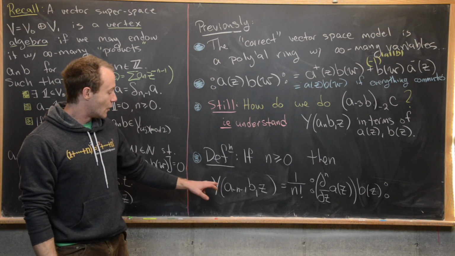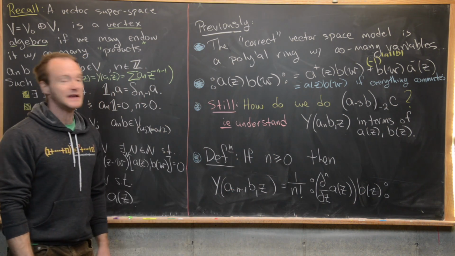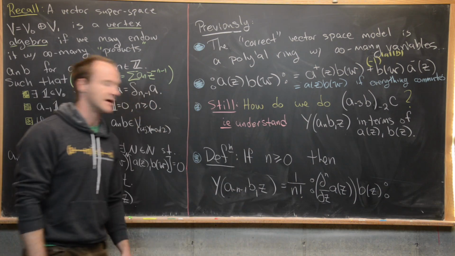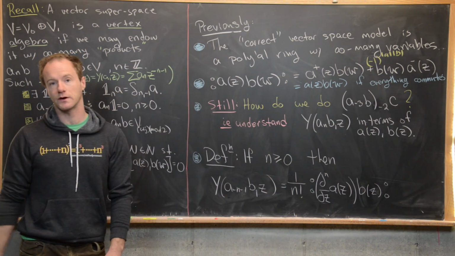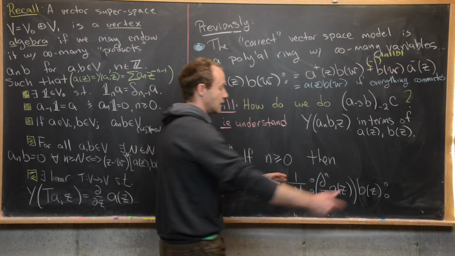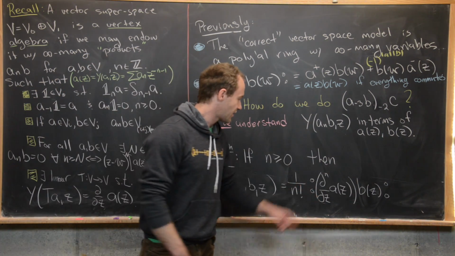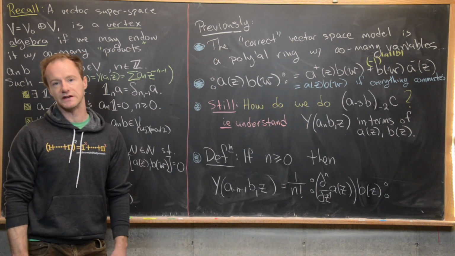So we've got Y(A(-n-1)B, z). In other words, the vertex operator of this vector is given by 1 over n factorial times the normally ordered product of the nth derivative of A(z) times B(z).